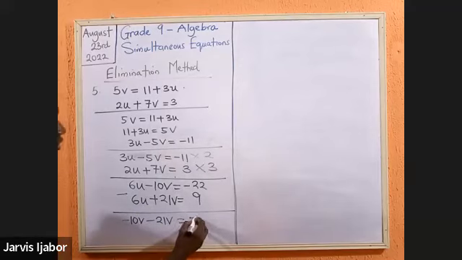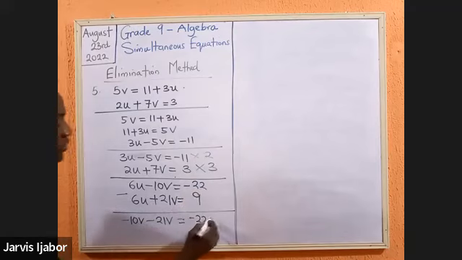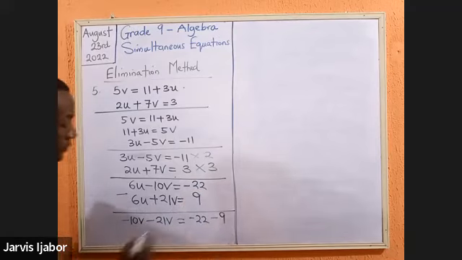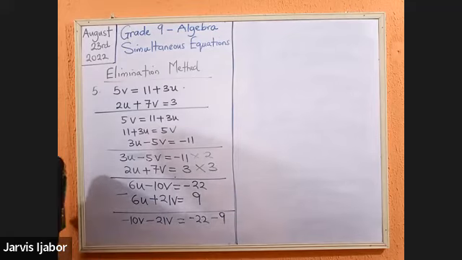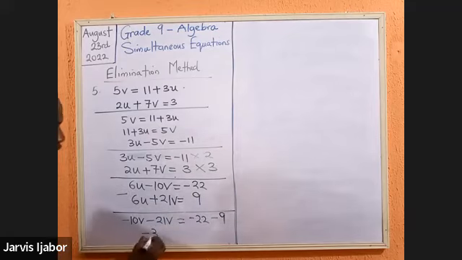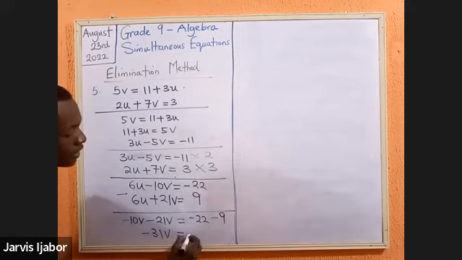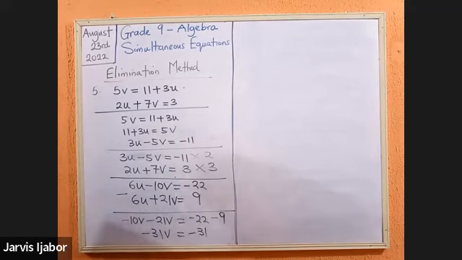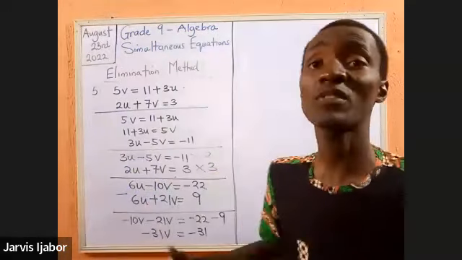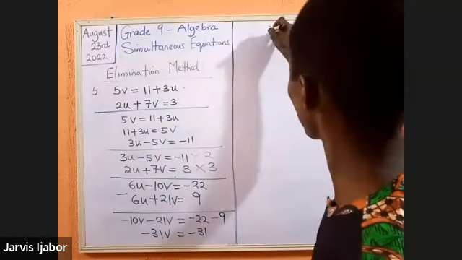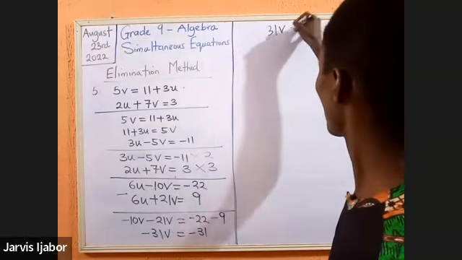This will give me negative 22 minus 9. So this will be what? Negative, negative means I'm performing addition. So this will be negative 31v equal to what? Negative 31. They are both negative, which means their positive sides are equal. So I will simply say 31v equal to 31.